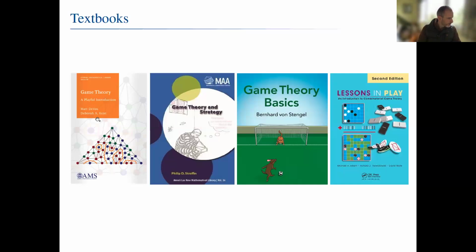The first one is the one on the left, DeVos and Kent, Game Theory, a Playful Introduction. That we found generally a really lovely, gentle introduction. It actually begins with combinatorial game theory, which gave me some confidence that maybe this is the right way to go. But it also then covers zero-sum games and it covers everything.